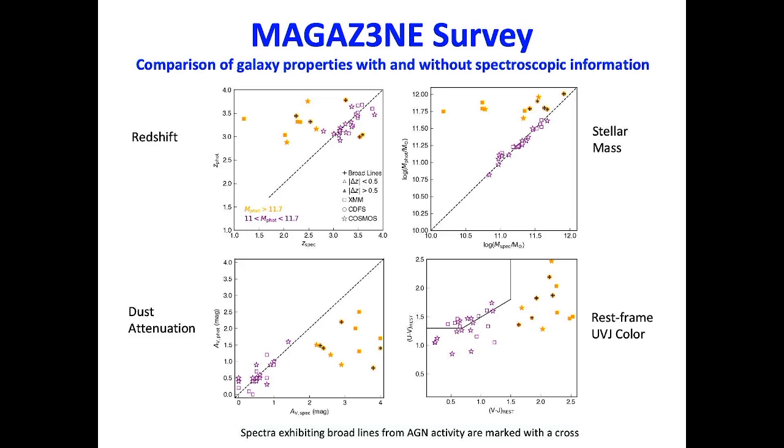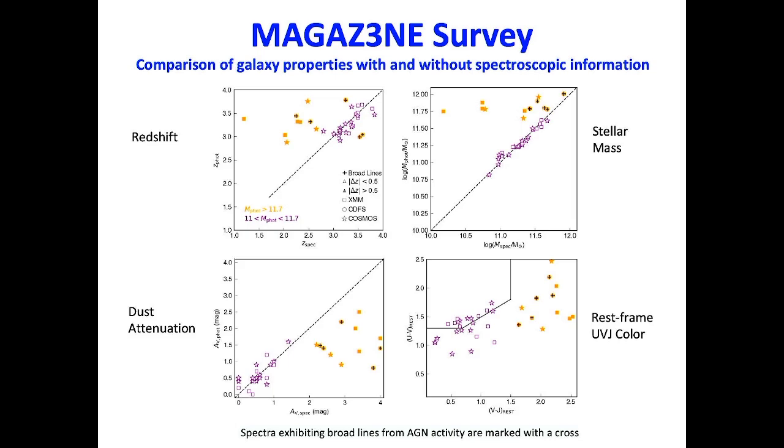And you'll notice that things line up pretty well for the purple sample, those UVJ blue galaxies, in redshift and stellar mass. They don't have very much dust. That's a pretty clear agreement between the spectroscopic and photometric properties.